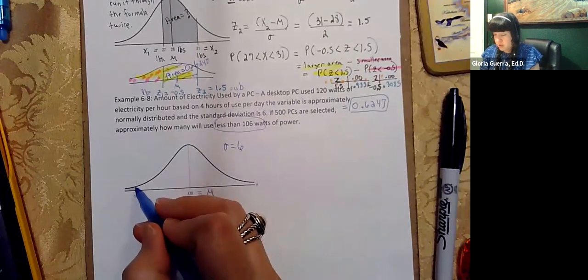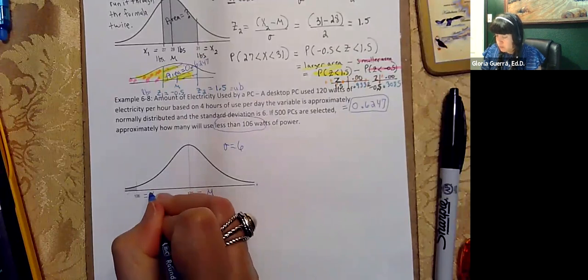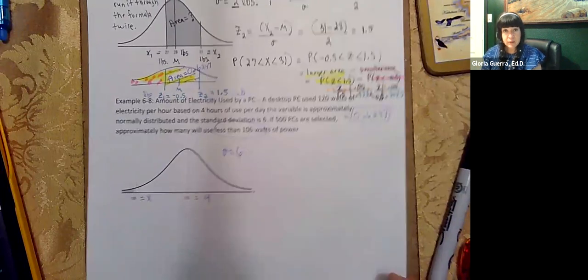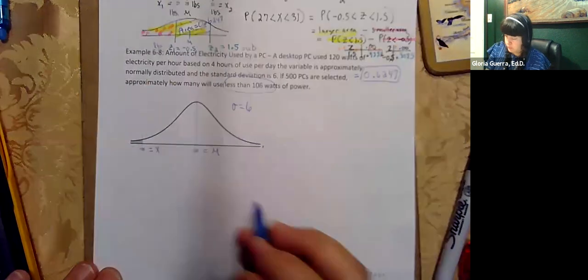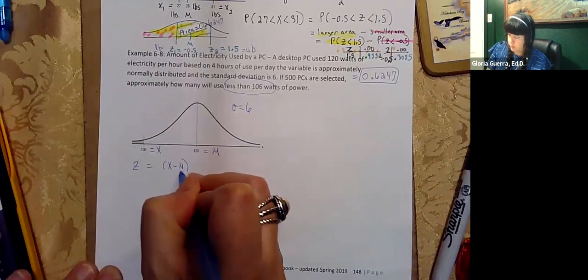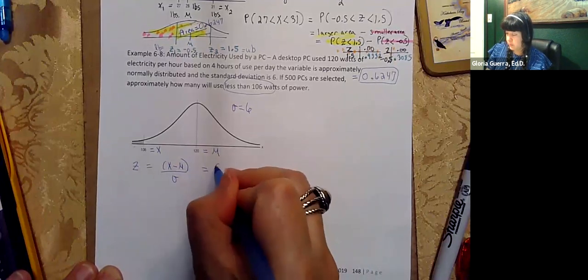So you see how they're shading to the left of that. And so this is your X here. That's your X. Okay. So again, we're going to have to transform that, so we'll have to use Z. Here's the formula, X minus mu divided by sigma.